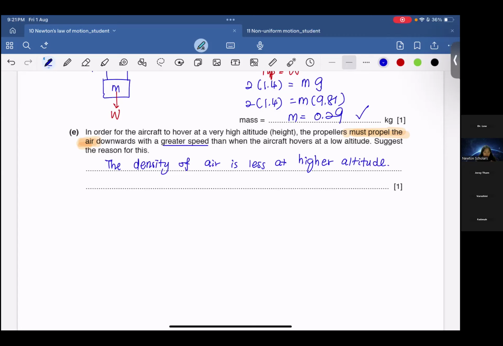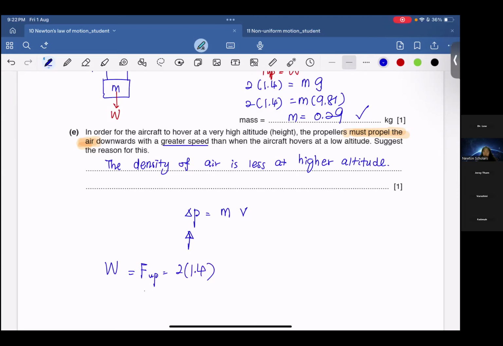So here momentum equals m times v. The momentum they need to maintain, the same momentum, because this momentum actually will provide the force for the weight. The upward force that we provide must be maintained at 2 times 1.4 Newton.